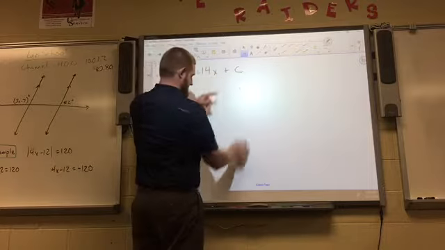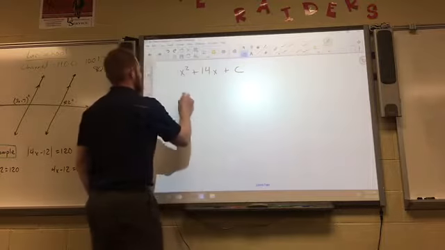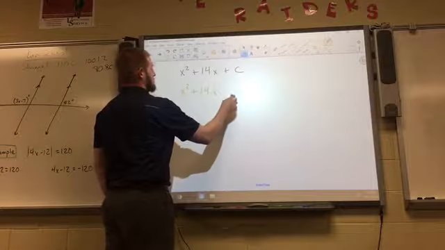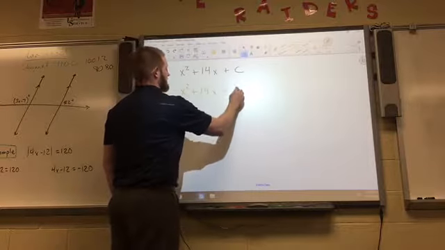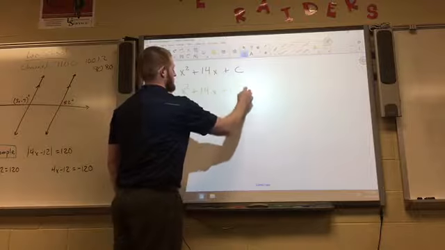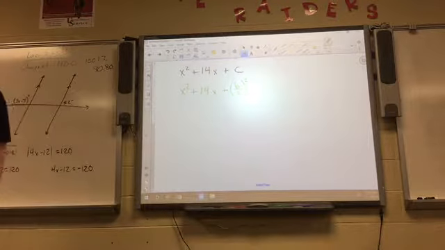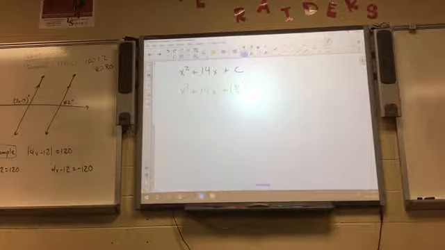So instead of c, I need to take my function, and to find a square that works with this, I need to add b over 2 squared. And by doing this, we will find a c value that allows us to factor the problem.